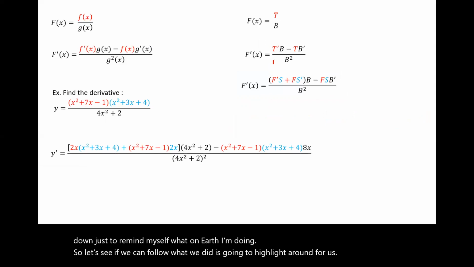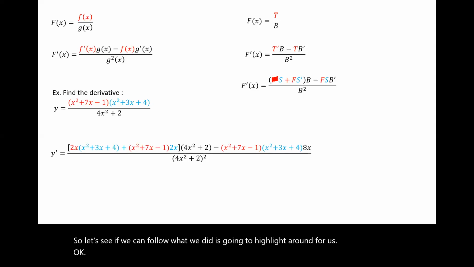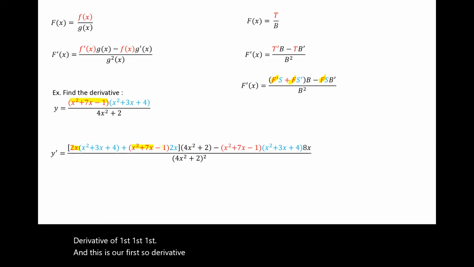Derivative of first. Okay, that's not such a smart idea. Derivative of first. And this is our first. So derivative of first went here, first term went there, first term went there.